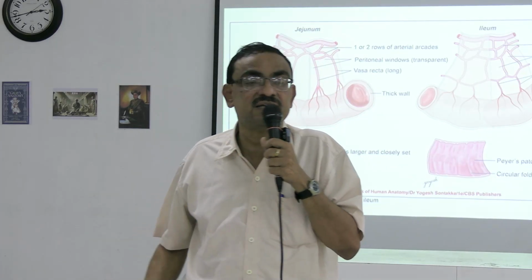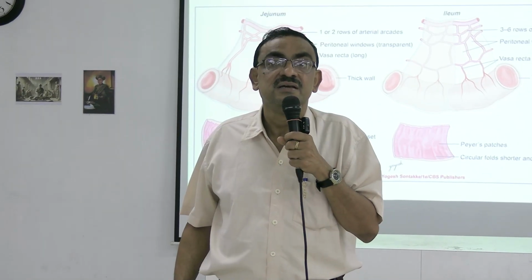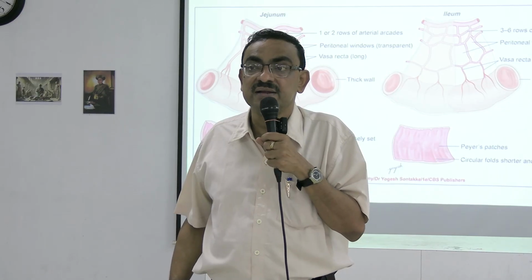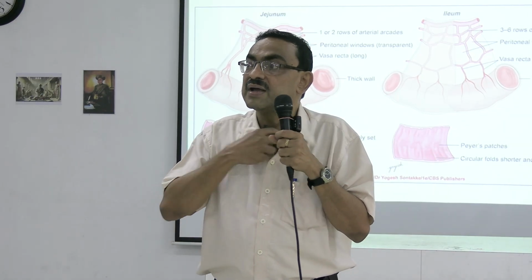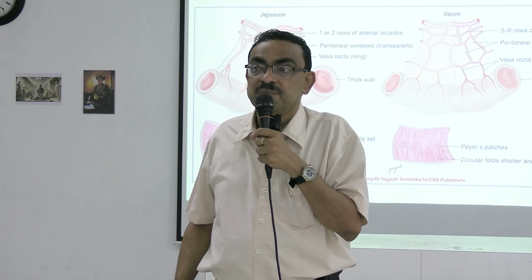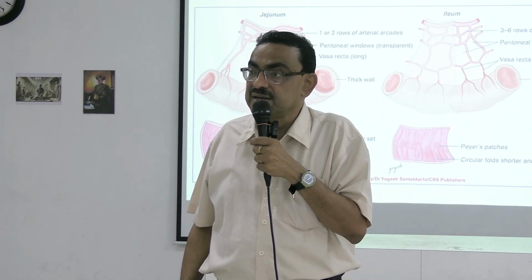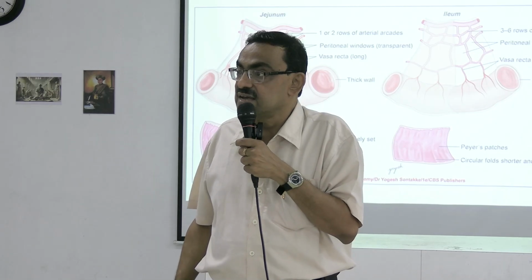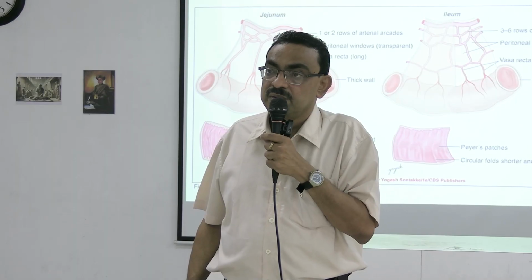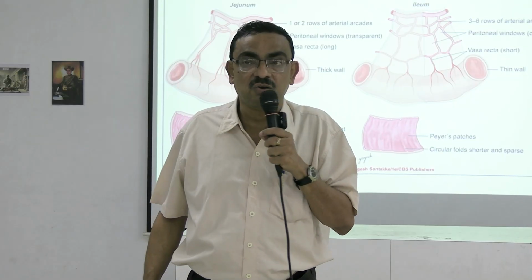So absorption, secretion and digestion, because from this part onwards we can find the pancreatic enzymes and bile coming and getting mixed with the food material, and ultimately the enzymes break the food material into its several components.